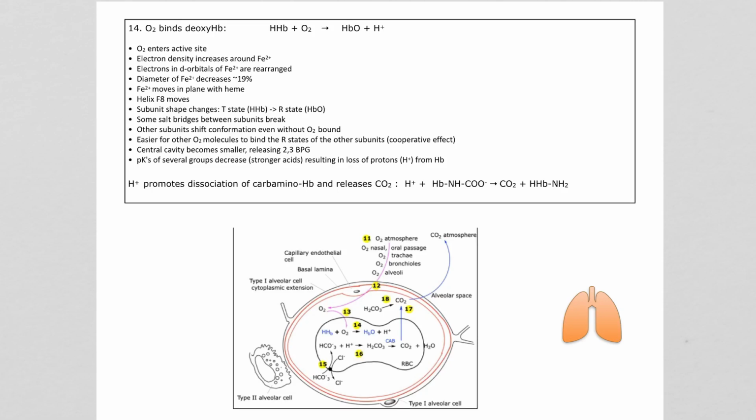These protons that are released from the hemoglobin will also promote the dissociation of carbaminohemoglobin. So the increase in these protons will cause this carbaminohemoglobin to dissociate, releasing carbon dioxide from the hemoglobin.